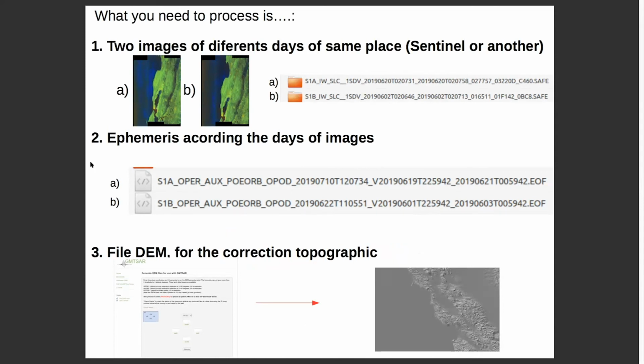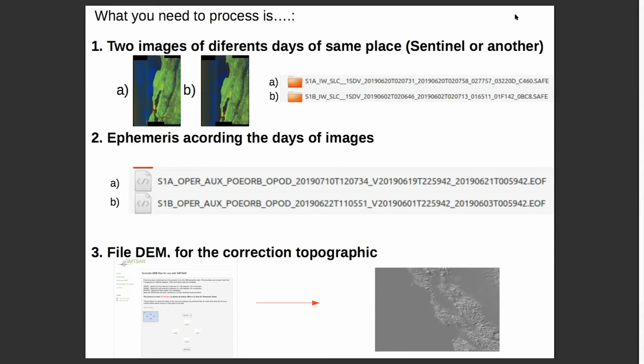What do you need to process this? First, you need images of different days, of the same place, Sentinel or another image.